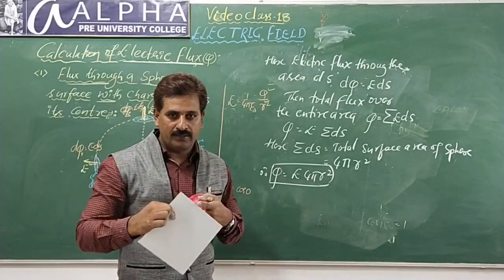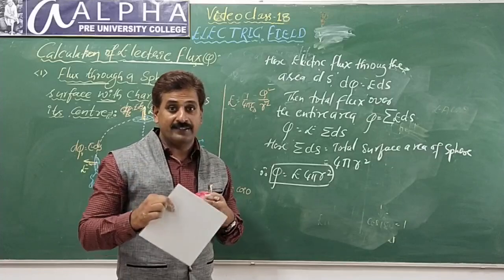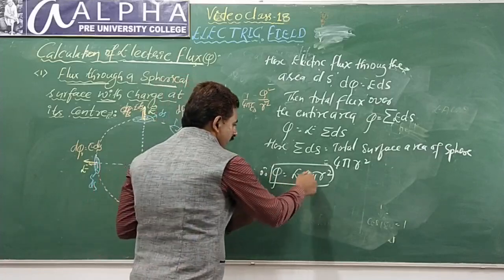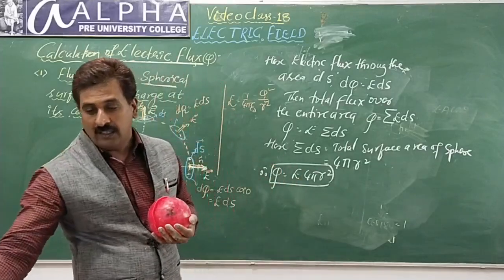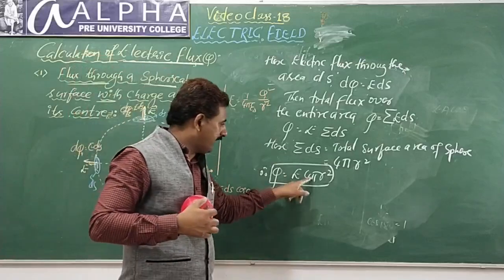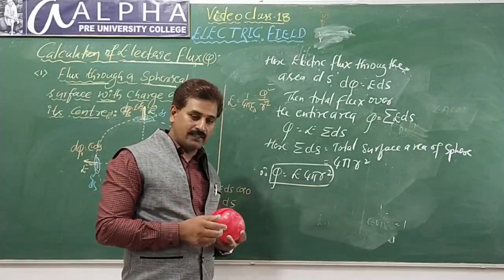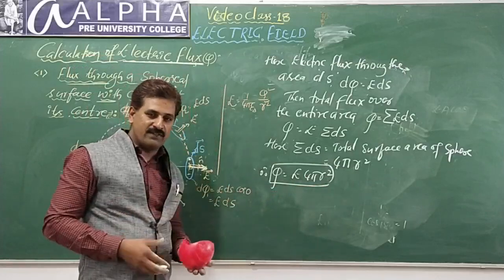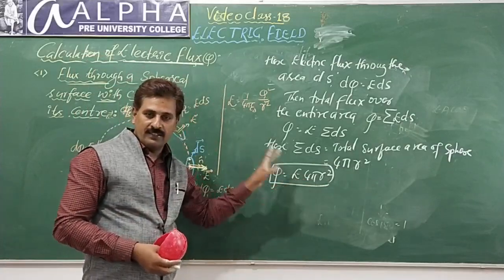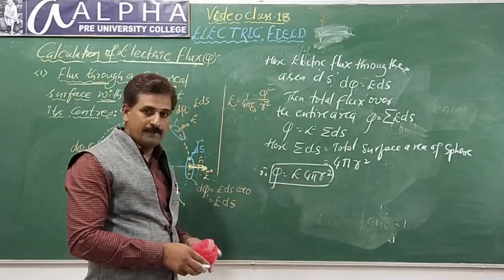Length into breadth, a square. So electric field into a square. If you consider a circle, electric field into area, and the area is pi r square. Like that, for different surfaces, a different area term appears with the electric field. Very simple. This is how you find it.